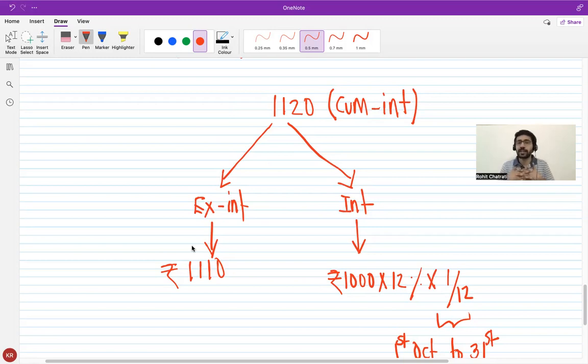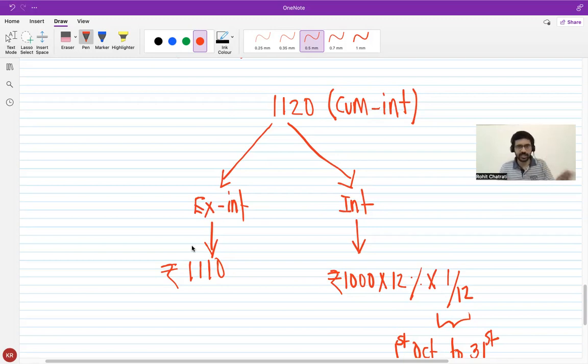I am purchasing at a cum-interest price of 1120, which means my total cash outflow is 1120, but this 1120 includes interest accrued from the last payment date up to the date of purchase.